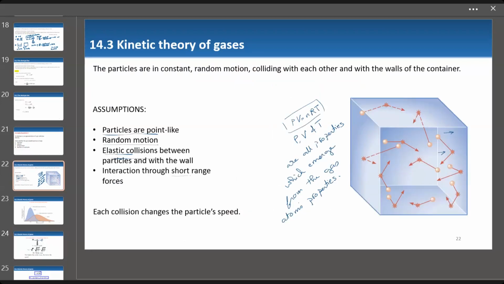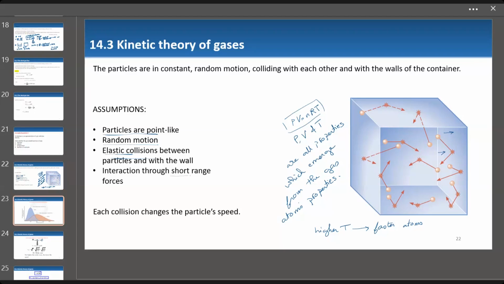Namely, faster atoms mean higher temperature. We mentioned that before in earlier slides, where we said if I give heat to a container of a gas, the atoms in this gas will be moving faster. So when I'm giving heat, I'm increasing the temperature and thus increasing the speed of these atoms.